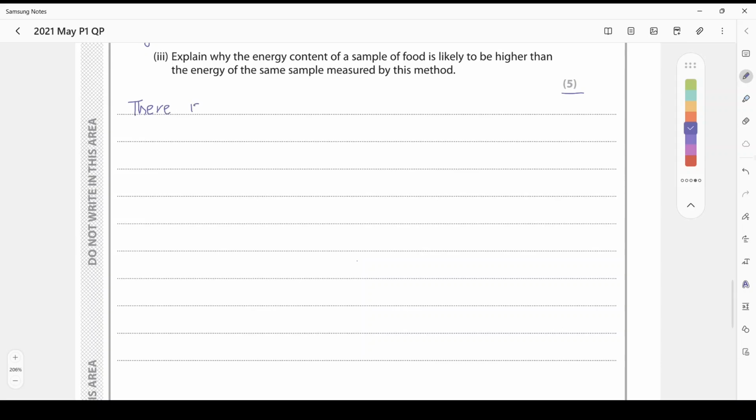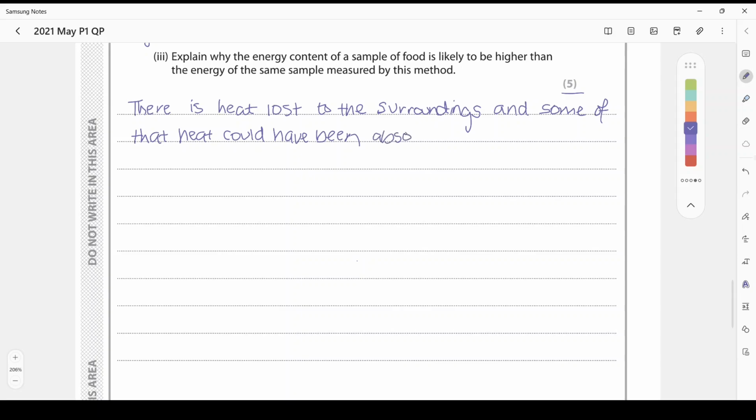So there is heat loss to the surroundings, and some of that heat could have been absorbed by the glass tube. Let's just scroll up.